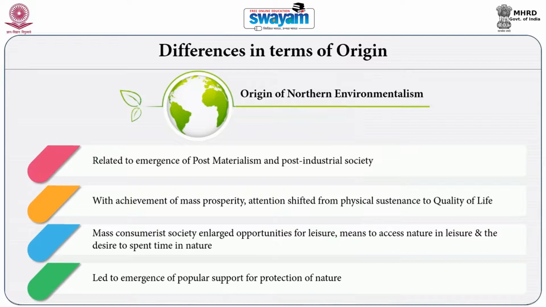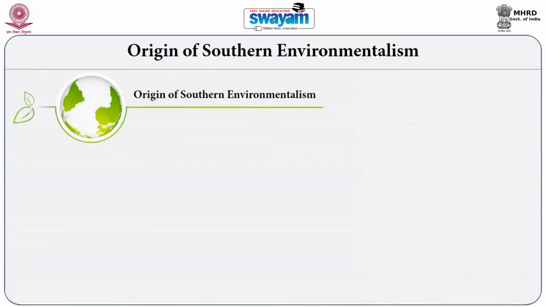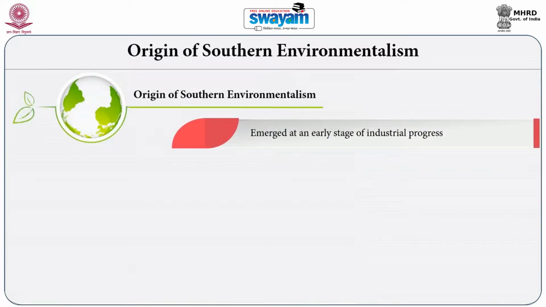And this idea or ideology of spending leisure time with nature led to the emergence of larger support for the preservation of nature. Now that people have resources and leisure time, they want to spend their time in forests and in nature reserves, and for that matter they want to preserve the forest and the wilderness.